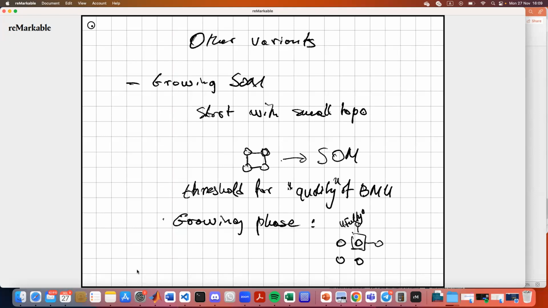What you could do in this case is start growing new structures.